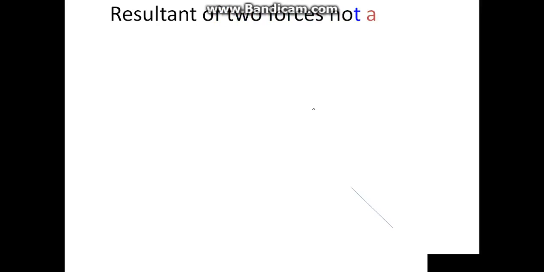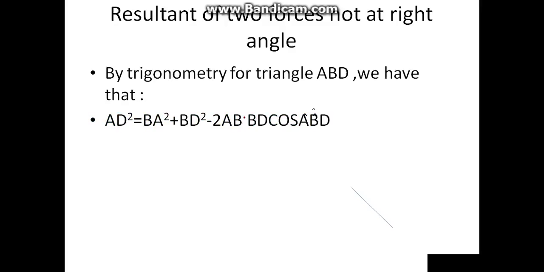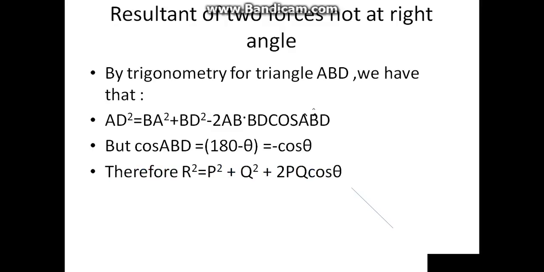Resultant of two forces not at right angle. By trigonometry, for triangle ABD, we have that AD squared is equal to BA squared plus BD squared minus 2 AB times BD cos angle ABD. But cos ABD, which is cos of (180 minus theta), is equal to minus cos theta.